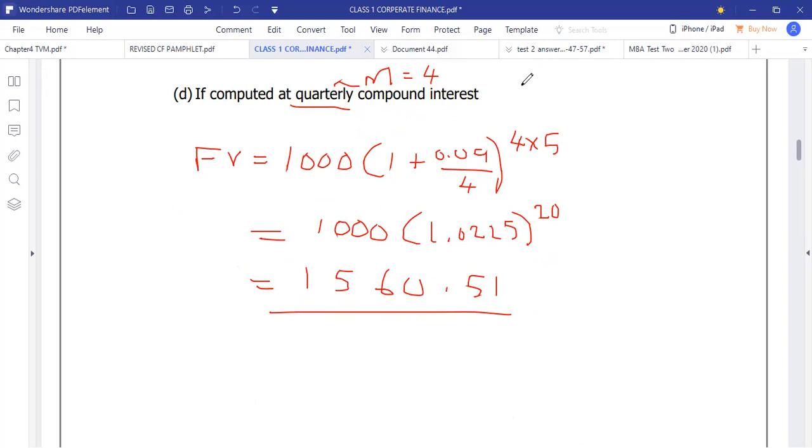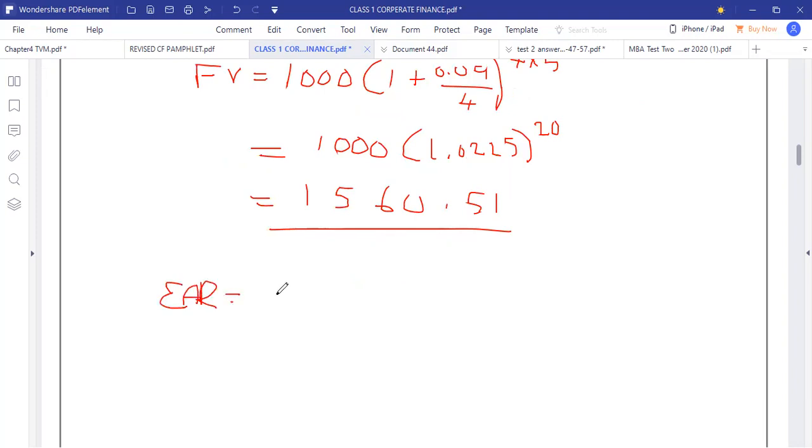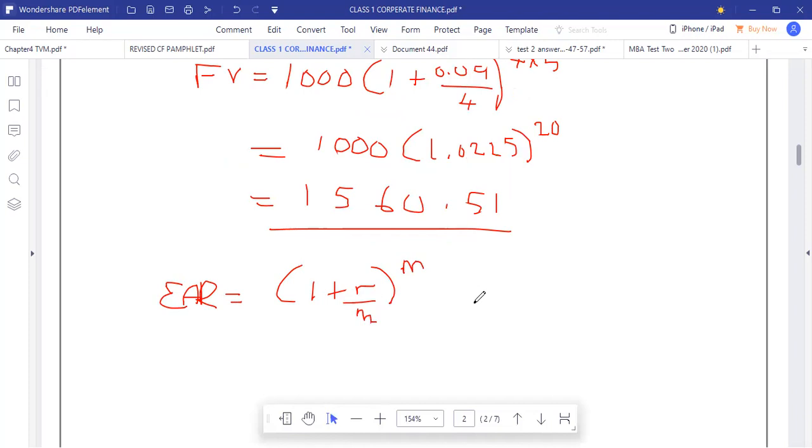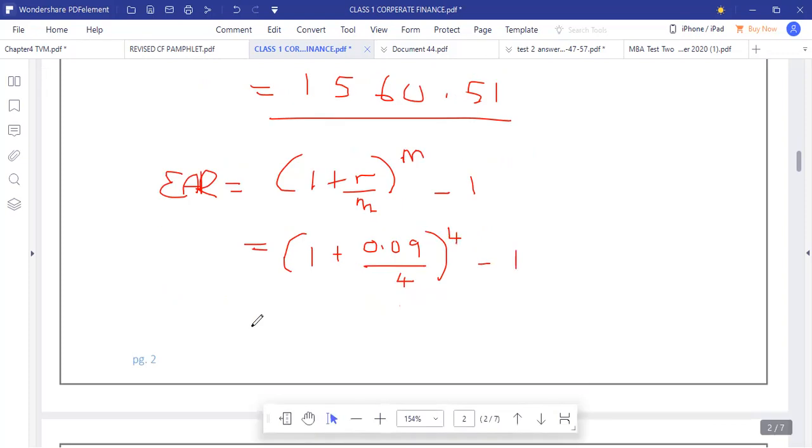So maybe I can modify it. Sometimes you'll be asked to find the effective annual rate. Effective annual rate has no time. It is given by 1 plus R over M, to the power M, minus 1. So at quarterly, what is the effective annual rate? 1 plus 0.09 divided by 4. There's no time under the effective annual rate.